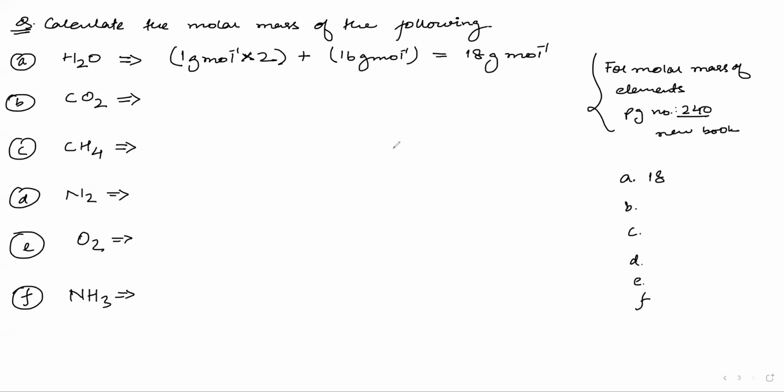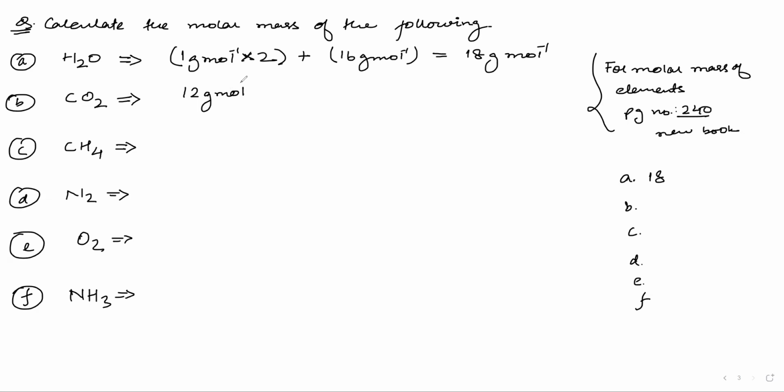What is the molar mass for carbon? 12 grams per mole, right? How many carbon atoms are there in CO2? Only one. Okay, wait a second. Take a few deep breaths, please. You are all nervous, I guess.